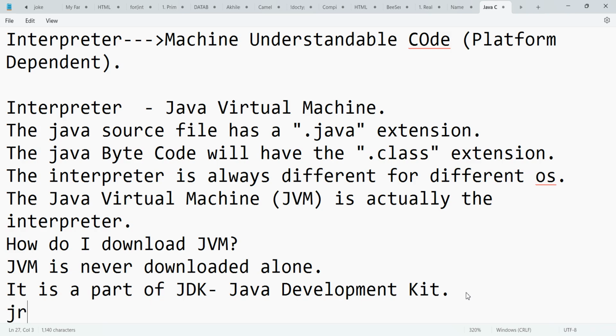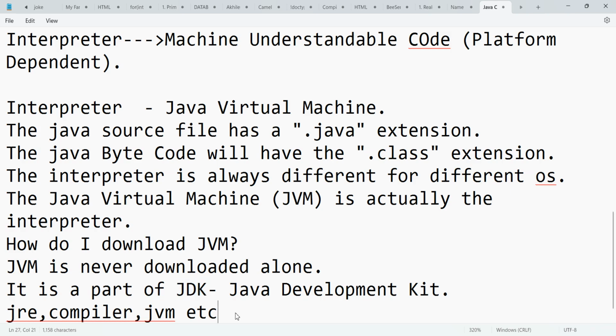It combines JRE, compiler, JVM, etc. When you go to the official website of Java, like Oracle, the JDK version will be different for different operating systems. For Windows there is a different JDK, for Macintosh a different JDK, and for Unix a different JDK.